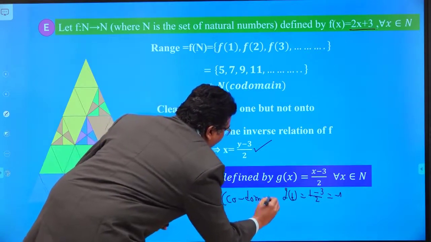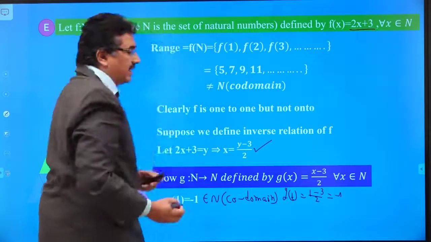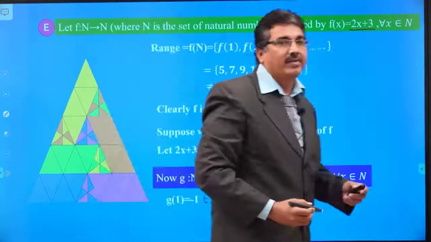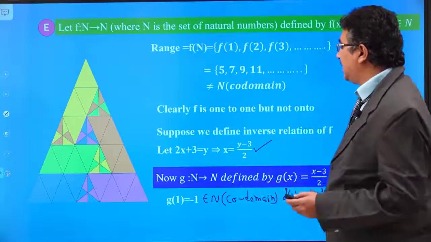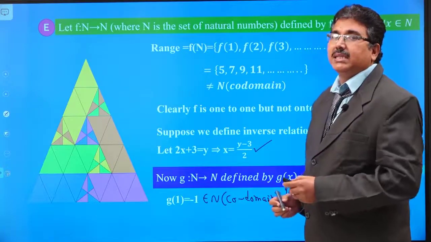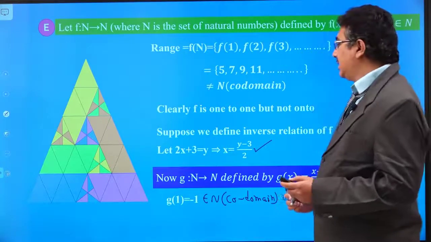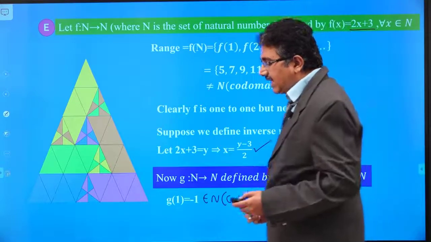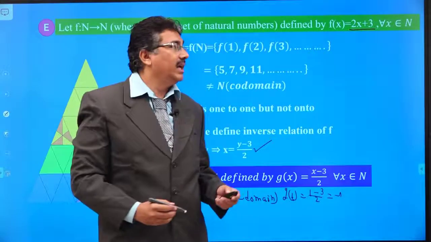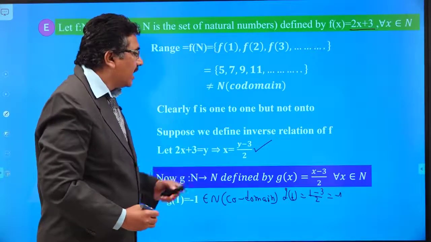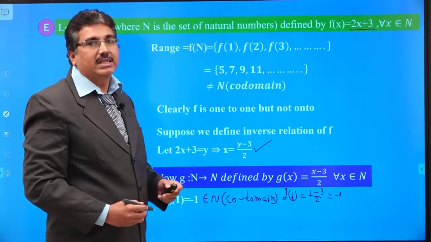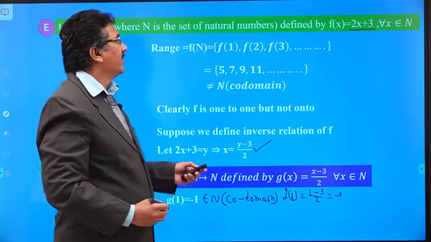Therefore, 1 has no image in the codomain. Therefore, g is not a function. g is just a relation. It is not a function. So, in this case, we can't define inverse of a function.